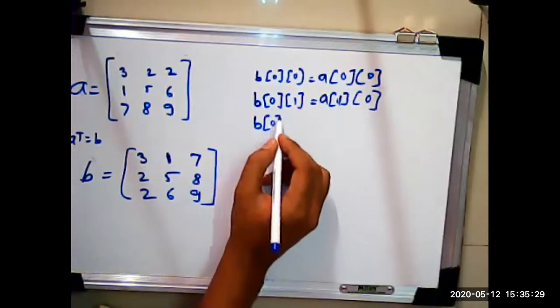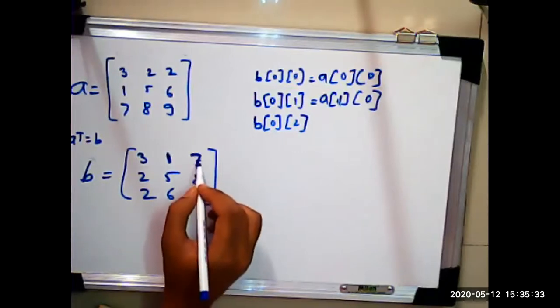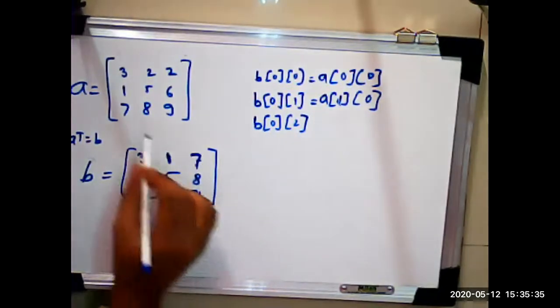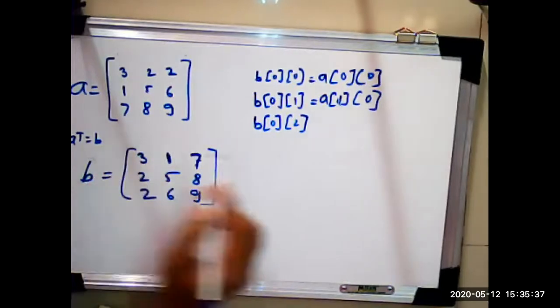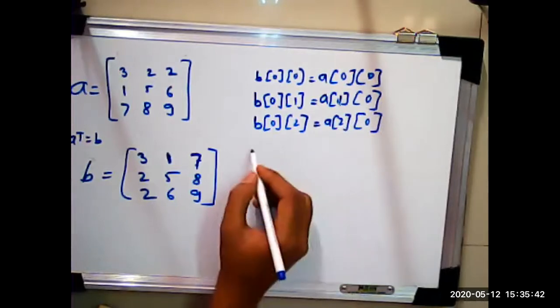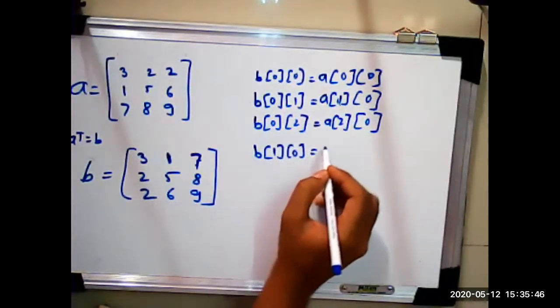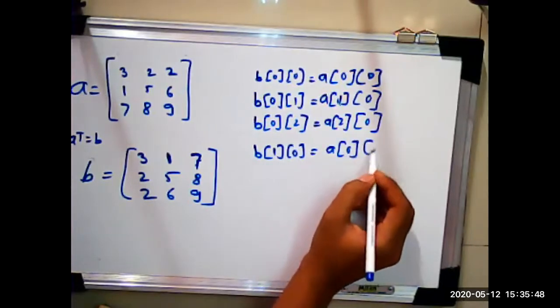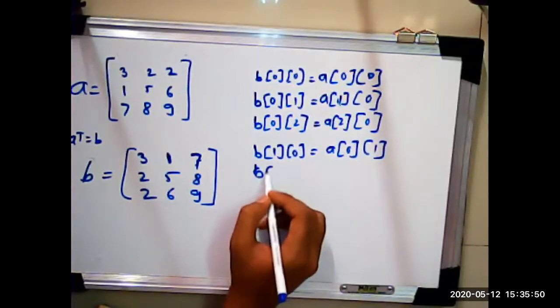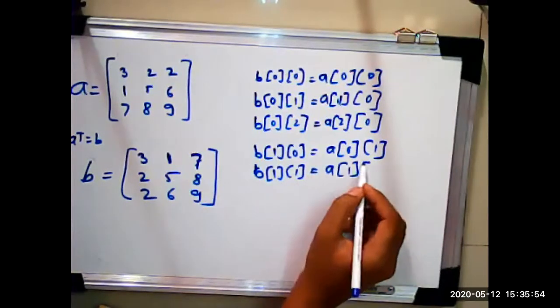So B of 0 2, how to get B of 0 2? 7. How to get this 7? This 7 you will get at 2 0. Similarly you can get here 1 0 at 0 1. 1 1 you will get at 1 1 only.